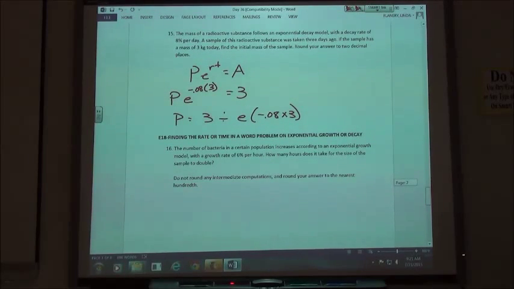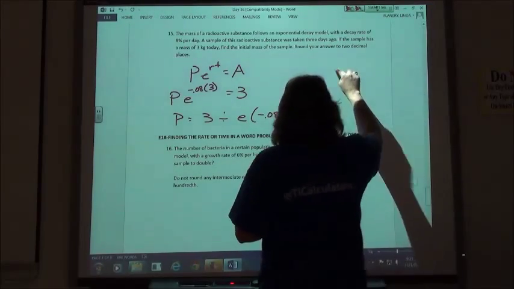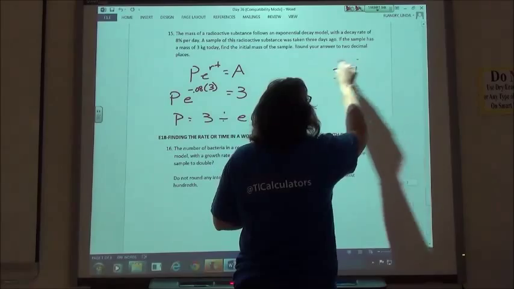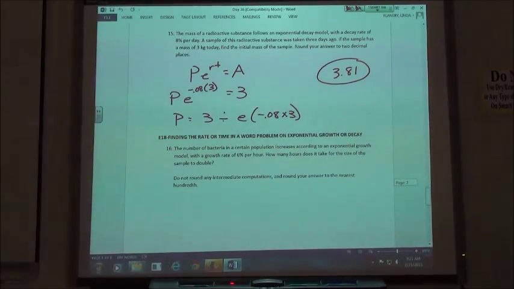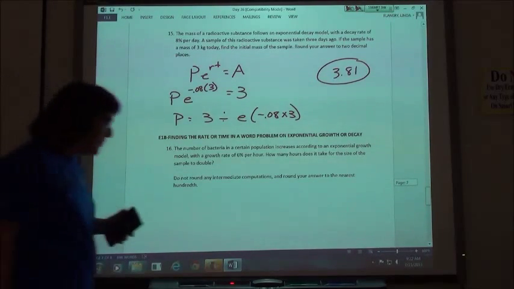Yep. So we get 3.81. So it started at 3.81 kilograms. It's decreasing at 8% per day. After 3 days, now we're down to 3 kilograms. Didn't go down a whole lot, but it went down a little bit.